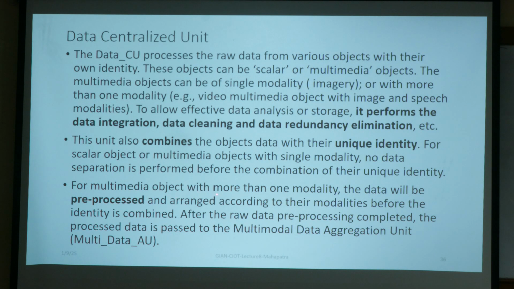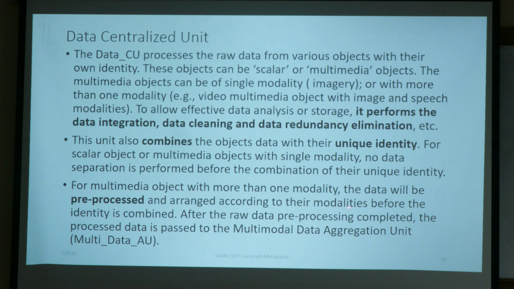For a multimedia object with more than one modality, the third category you saw there, the data will be pre-processed. What happens in pre-processing? You arrange according to the modalities, multiple modalities, 2 or 3.